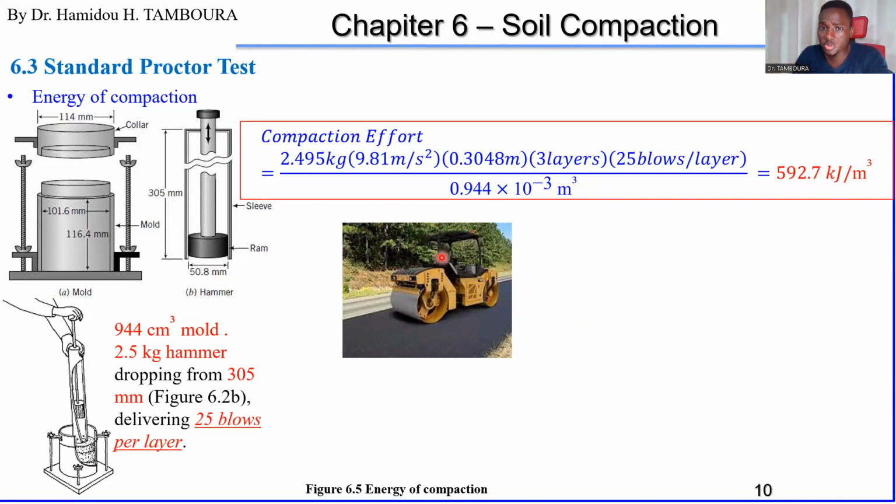So knowing that, you will tell the driver, please drive at this speed and do this many rounds, like 1, 2, 3 times. It is based on the energy you need to obtain the maximum dry unit weight in the lab, and the energy that this machine has. Each machine has its own characteristics, so it's difficult to tell you the speed here, as it is a very specific case.